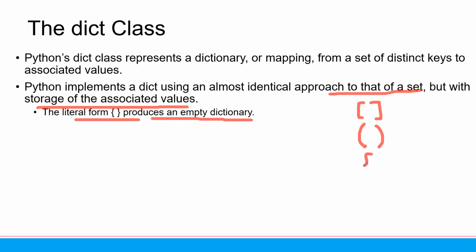If you use empty curly braces, it means it is an empty dictionary, not an empty set. So if you want to make an empty set, then you need to call set with the parentheses.